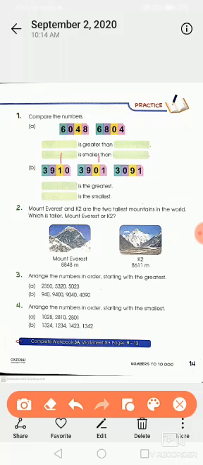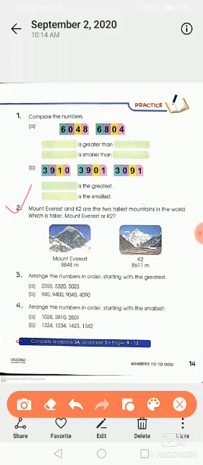So 1 ten is greater than 0 tens. So 3,910 is the greatest number and 3,091 is the smallest. I hope you will understand this one. Now see question number 2.